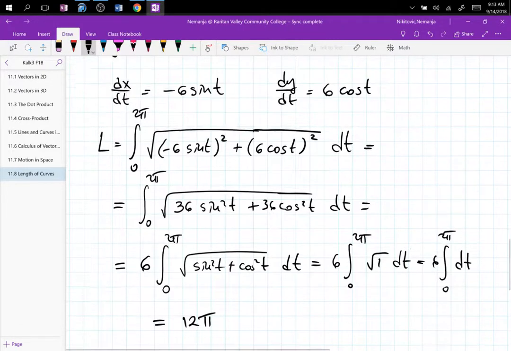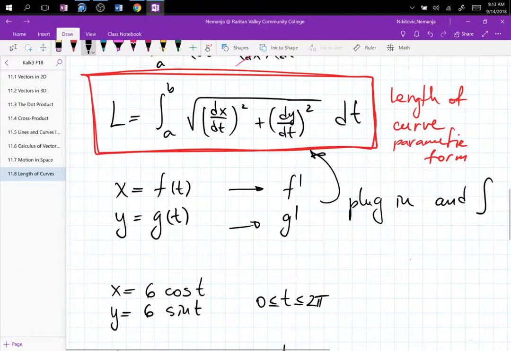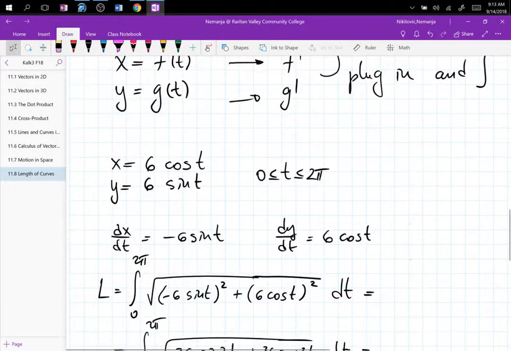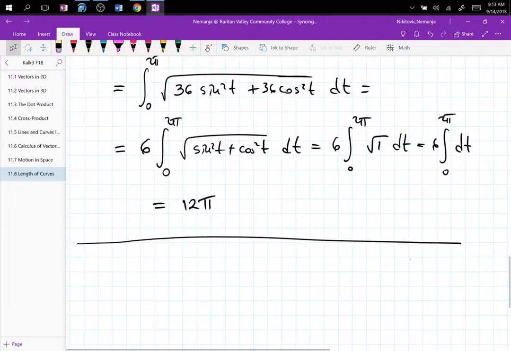So that would be length of curves using parametric form. Now we are going to jump into polar form for length of curves, and we're done.